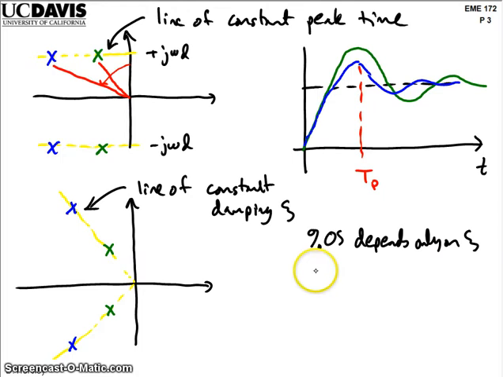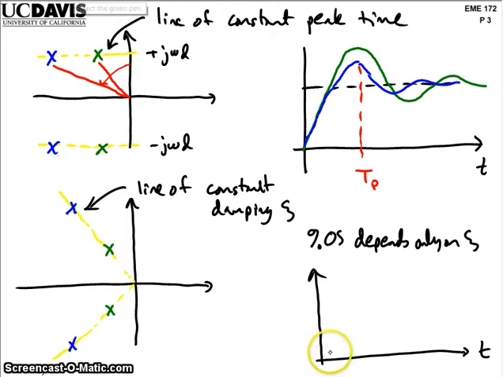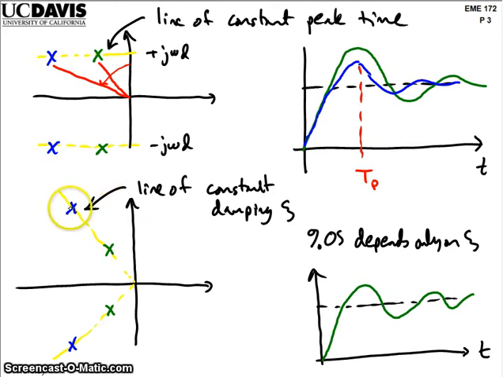Okay, and so we can sketch time response here. Let's see, once again, I need my little steady state line here. So the green one, he does this. And the blue one, well, he's actually got both a higher frequency and also faster settling, but it's going to have the same amount of overshoot.